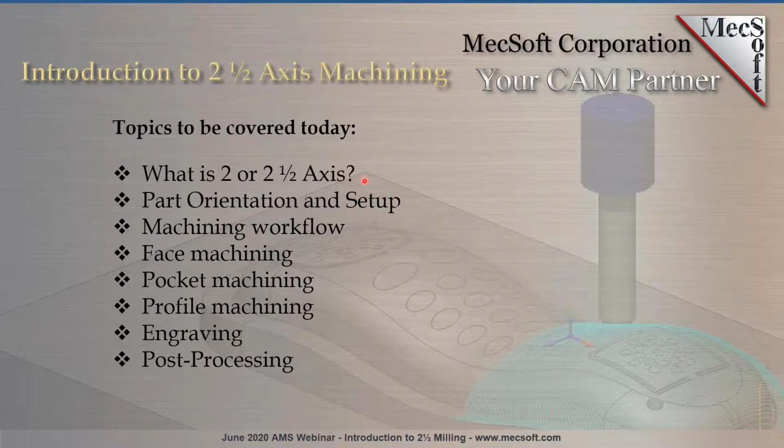Then we'll talk about how you do part orientation and setup and get ready for milling, the actual machining workflow. Then we'll go into the 4 machining methods we will be showing today, which are face machining, pocket machining, profile machining, and finally engraving. Once we get all the machining done, we'll also show how to post-process the internal toolpaths out to your favorite machine tool controller.